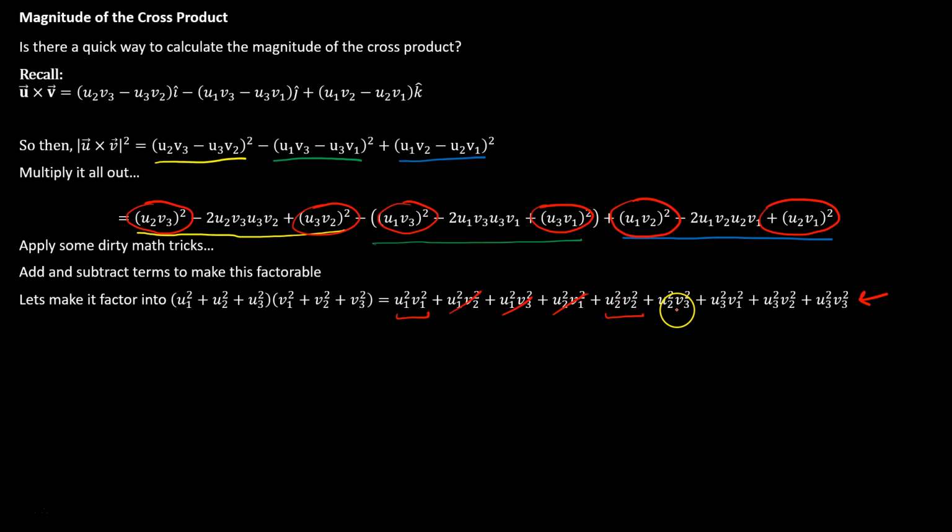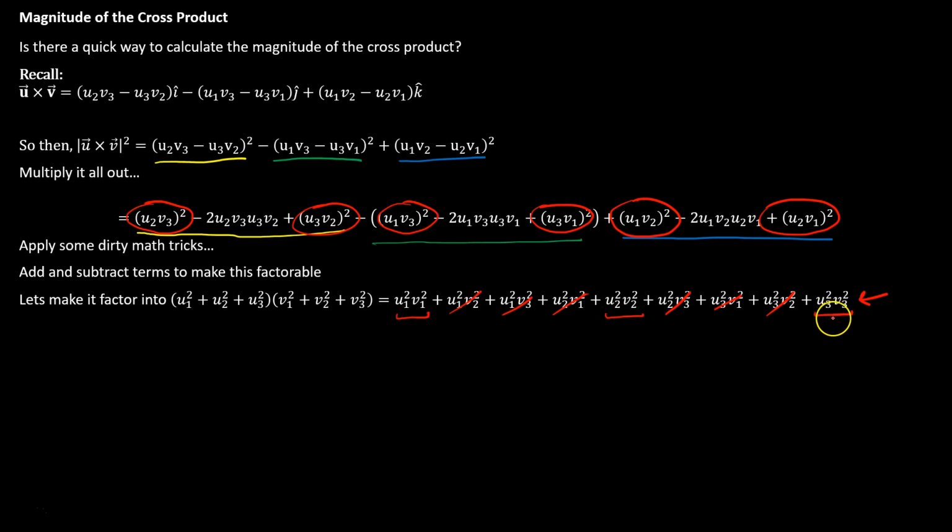So we need that one. u2 squared v3 squared. That's our first one up here, so I'll cross that off. We already have it. u3 squared v1 squared. That's right here, so I'm going to cross that off. We have that. u3 squared v2 squared. That's right here, so I'm going to cross that one off. And then u3 squared v3 squared. I also don't see that. So the 6 terms that we already have, I've crossed those off. And I've underlined the 3 that we're missing.